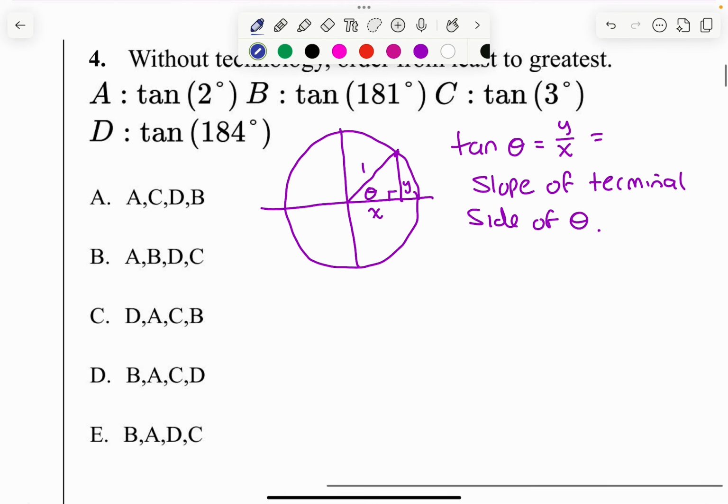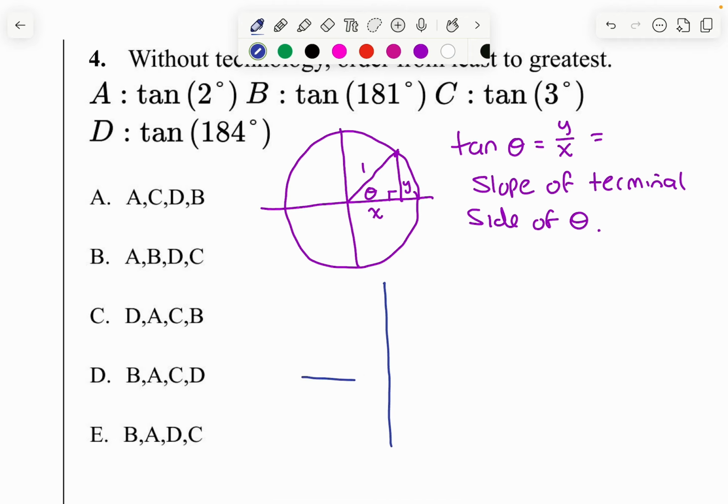So let's see, tangent of 2 degrees. Let's just try to sketch 2 degrees. It would be a rotation that might look something like this. So tangent is the slope of this line. Let's compare that to the tangent of 3 degrees.